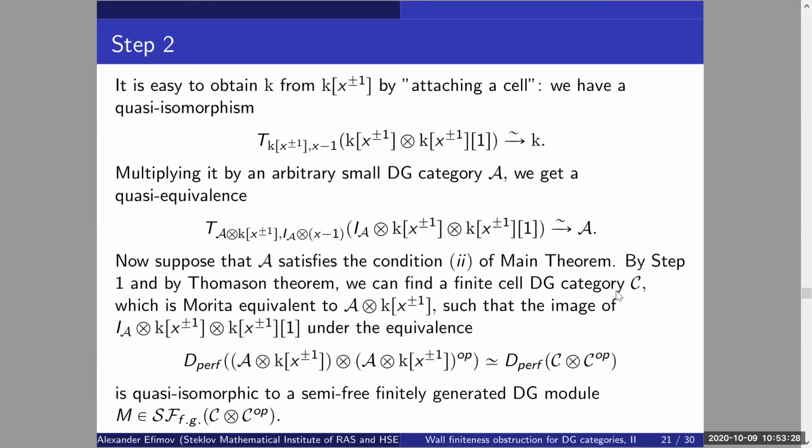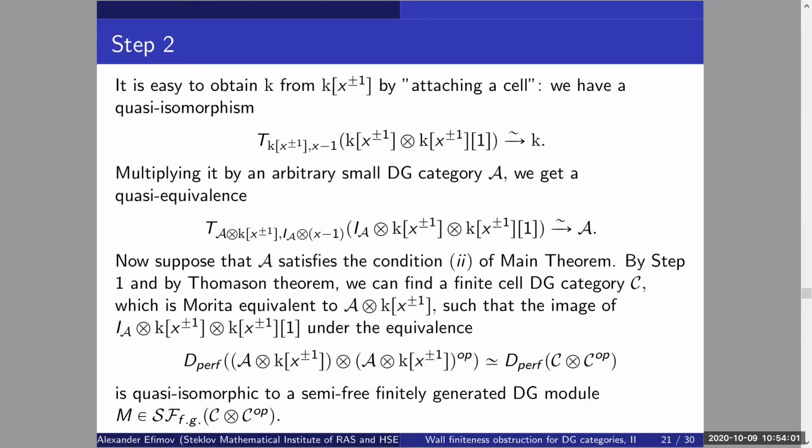So by what we already know from step 1 and by Thomason, we can find some finite cell DG category C, which is Morita equivalent to this A tensor Laurent polynomials, such that the image of the diagonal, extension of scalars of the diagonal multiplied by this free bimodule, is quasi-isomorphic to some semi-free finitely generated bimodule over C.